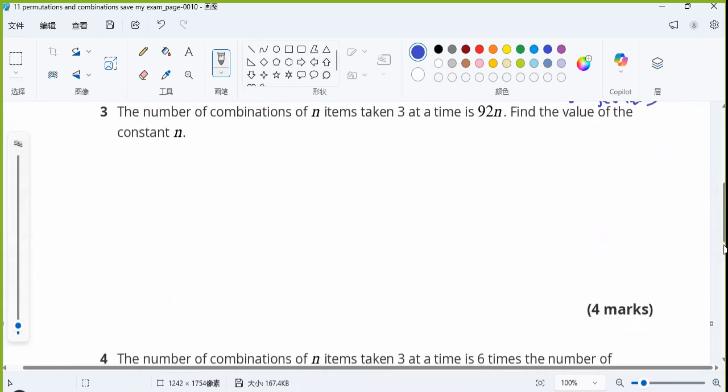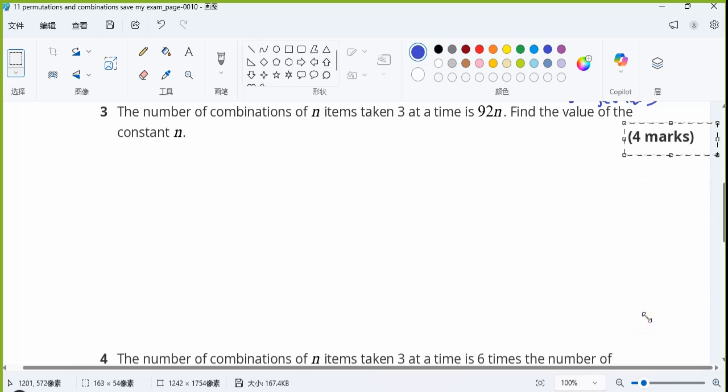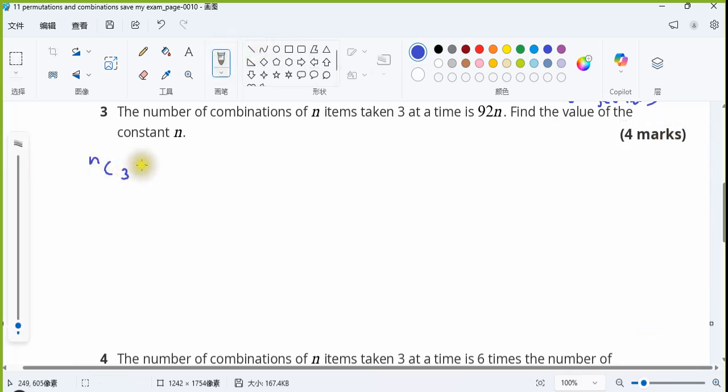So question number 3, the number of combinations of n items take 3, nC3 is equal to 92n. So n factorial over 3 factorial n minus 3 factorial equal to 92n.